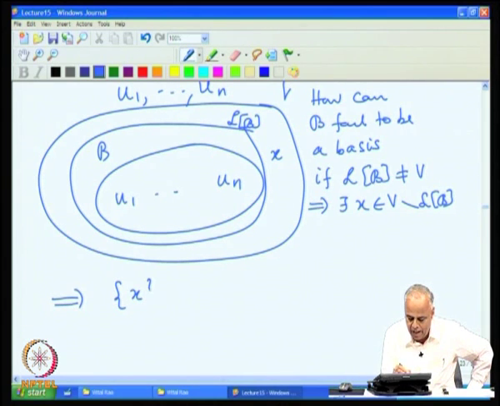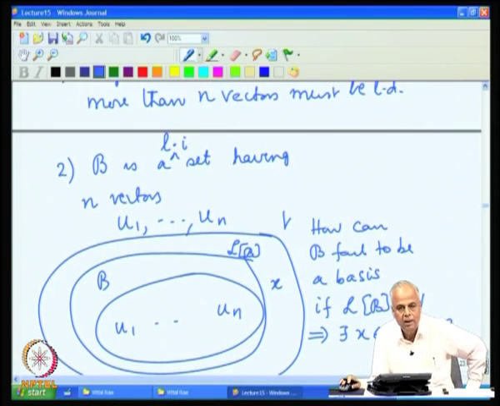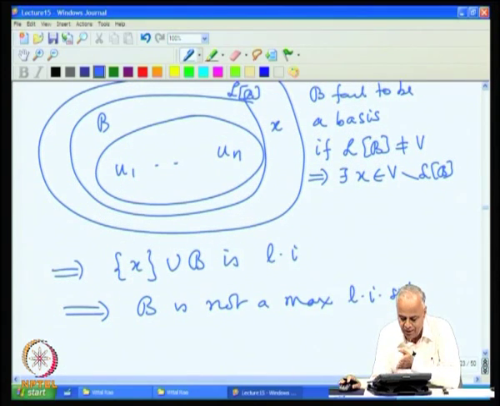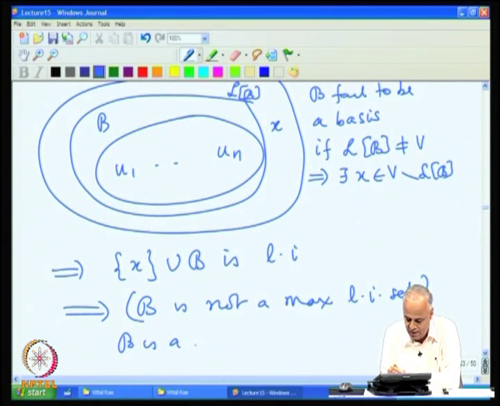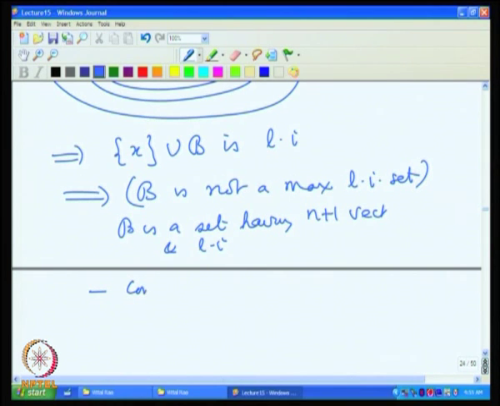The moment you choose a vector x outside a subspace and a linearly independent set inside that subspace, we therefore get that the set {x} union B is linearly independent, which means B is not a maximal linearly independent set, because it is contained in a bigger linearly independent set. But we know that anything consisting of n plus 1 vectors must be linearly dependent, while this is a linearly independent set having n plus 1 vectors, which is a contradiction because the dimension is n.